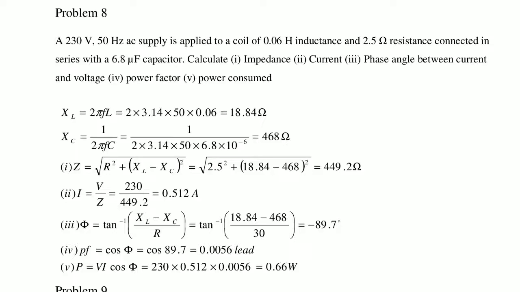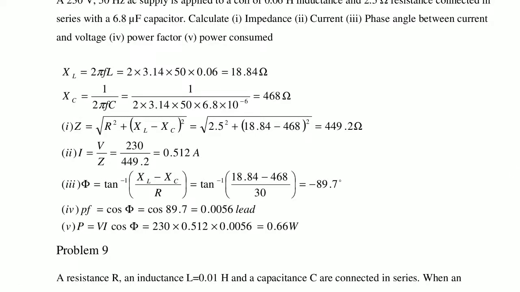So 18.84 minus 468 whole square gives 449.2 ohms. Here Z is calculated, that is 449.2.